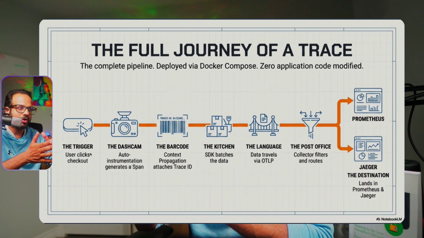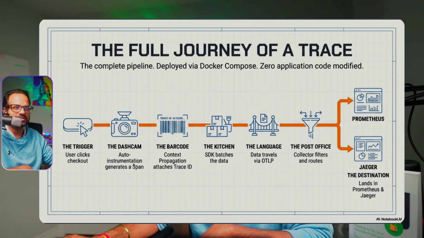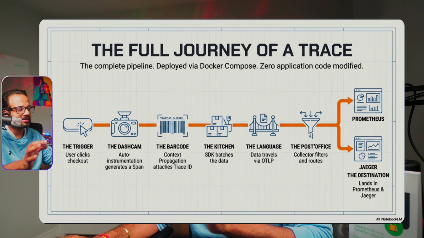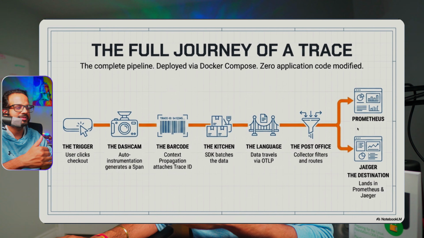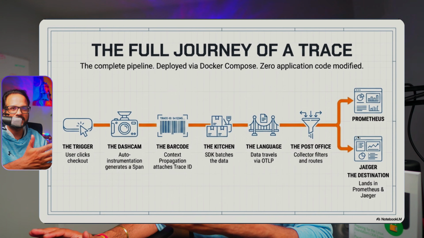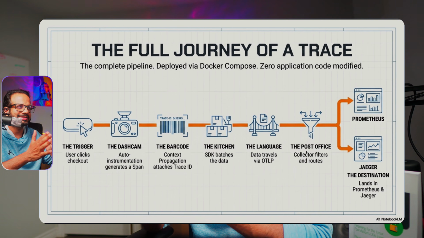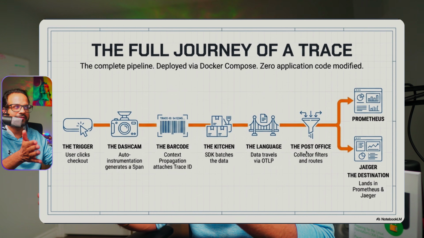So all the components in the same sequence: auto instrumentation, context propagation, SDK, OTLP, and then the collector. The collector then transfers the trace to the third-party monitoring and observability system that we are using: Prometheus, Jaeger, Elastic, Honeycomb, and so on. So that's the end-to-end journey of a trace.